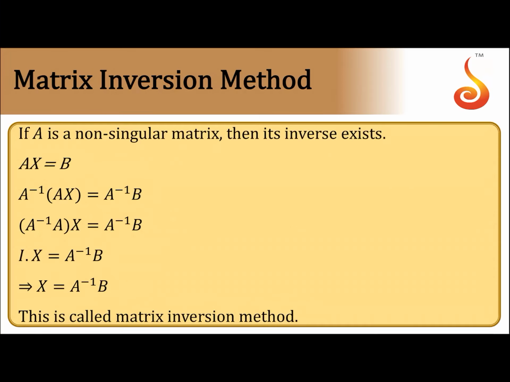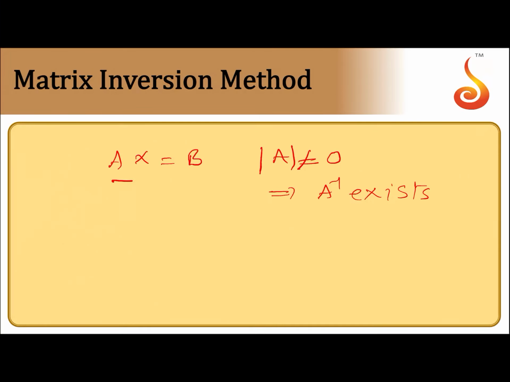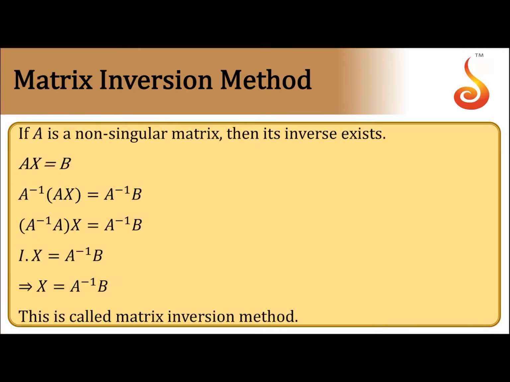If A is invertible, I can multiply both sides by A inverse. For this, I pre-multiply by A inverse. I get X equals A inverse B, because A inverse into A is the identity matrix, multiplied by X is the same X as it is.